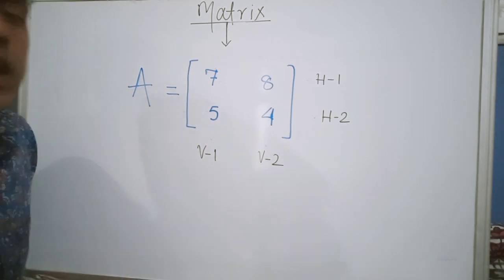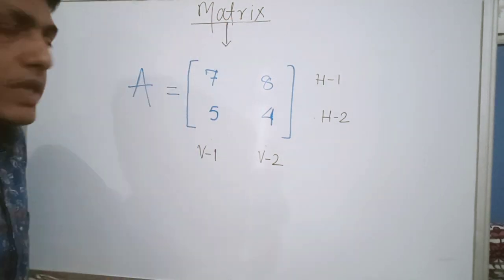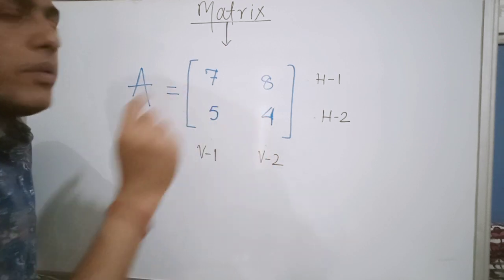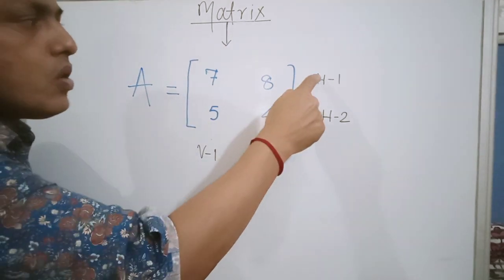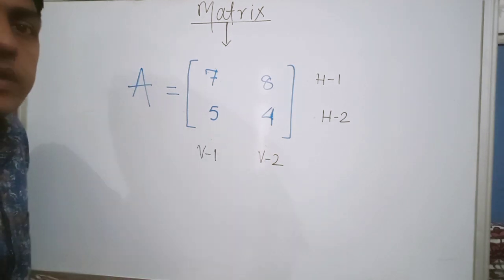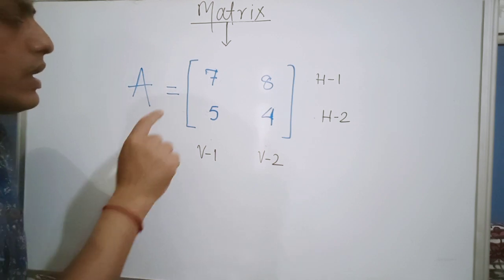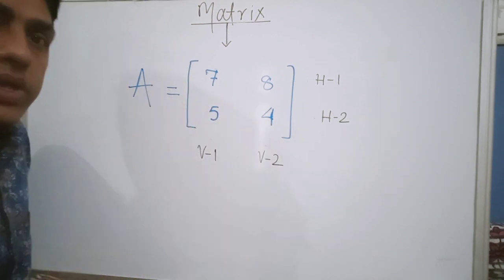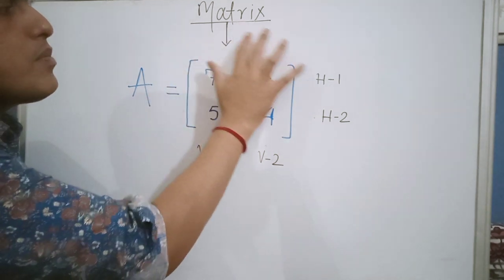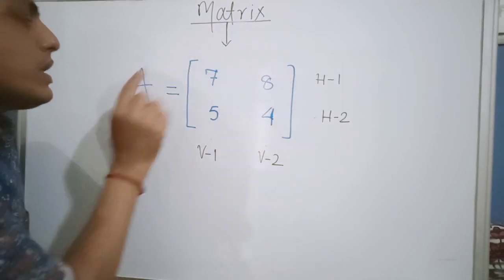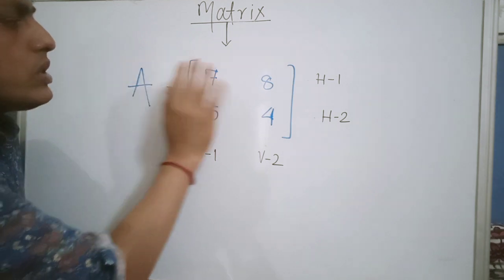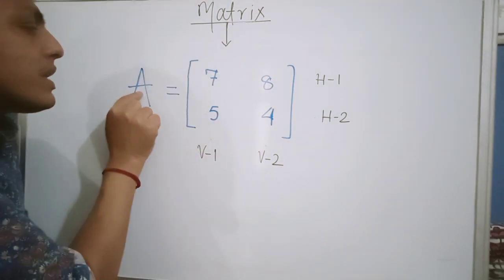So what is the final definition? Matrix is the arrangement of any number in horizontal and vertical lines, enclosed in square brackets, and the name of this arrangement will be given by a capital letter. So this is called a matrix A.